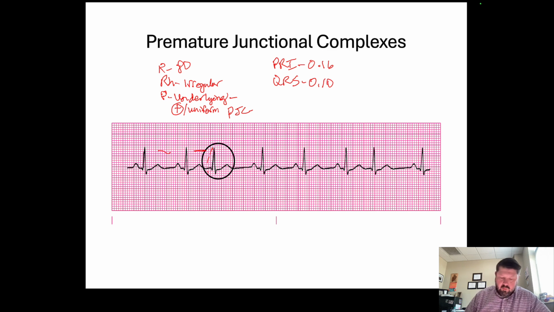But when I look at it, I notice my irregularity, and I notice that I've got a PJC here, and then I've also got a PJC right here as well. So this would be a sinus rhythm with PJCs. What determines a PJC here is that I don't notice an upright or a sinus P wave.